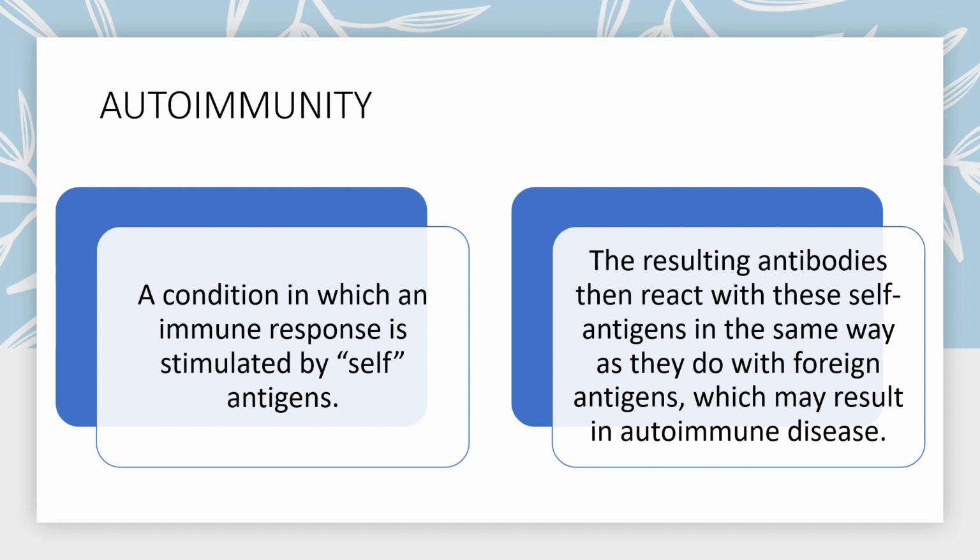Well, as previously stated, under normal conditions and circumstances, an individual does not produce antibodies to antigens regarded as self. In certain cases, however, the mechanism that prevents their formation may break down, giving rise to the production of self-antibodies, or what we call autoantibodies, which are directed against the individual's own tissues.